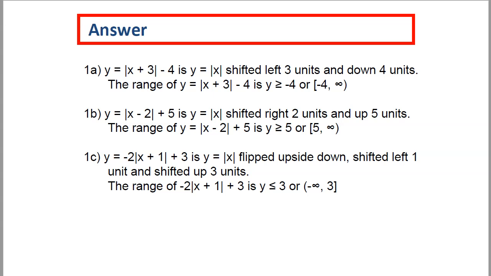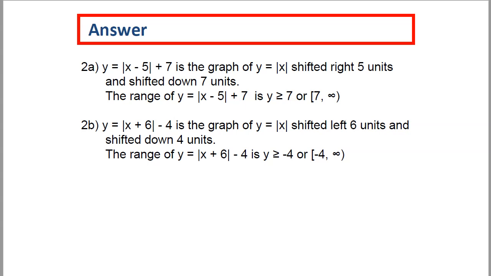We're shifted right 2 and up 5, and the range is y is greater than or equal to 5. And for part 1c, negative 2 times the absolute value of x plus 1 plus 3, the graph is flipped upside down and then shifted left 1 and up 3. And so the range is y is less than or equal to 3.